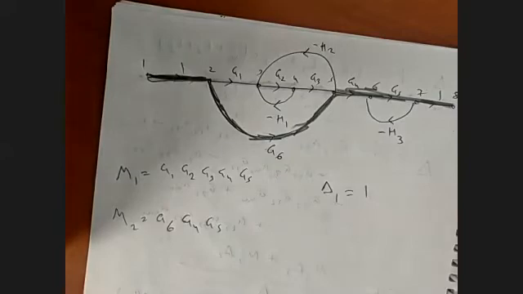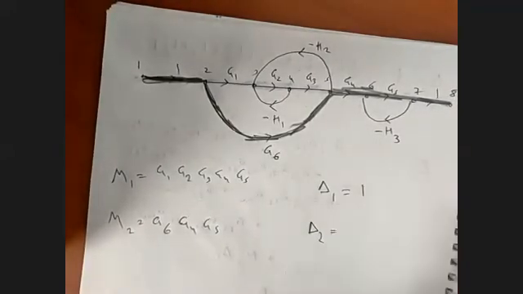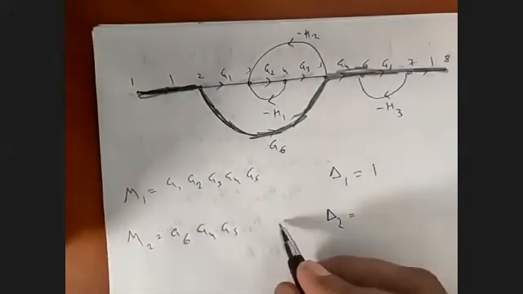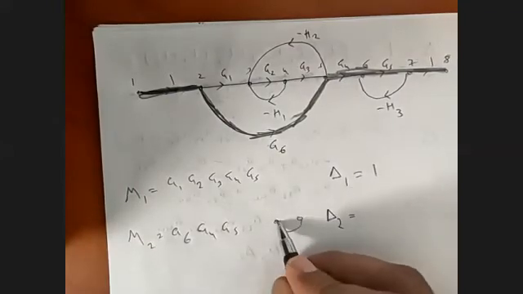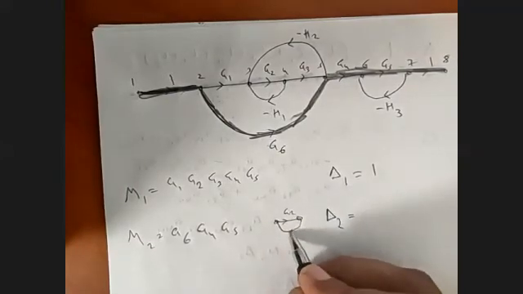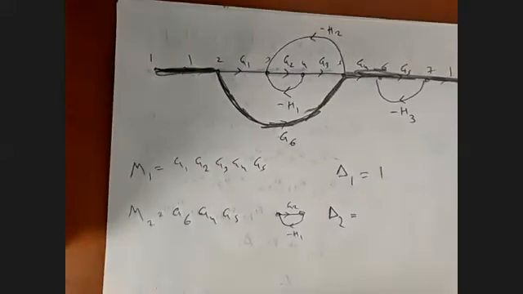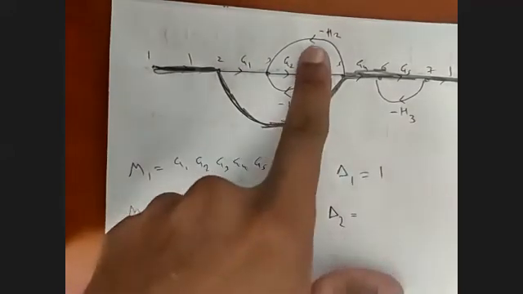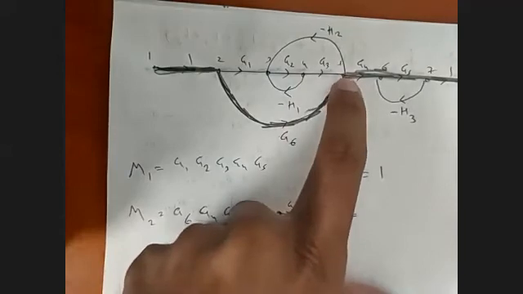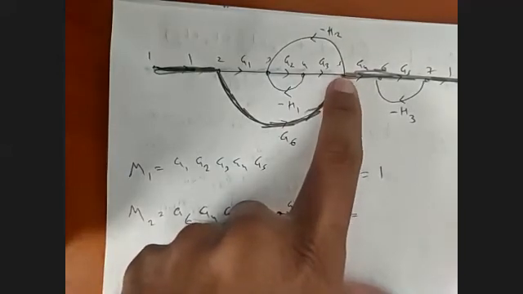Now it can be easily seen that there is a loop which is not counted in the forward path, G2, H1. So there will be delta 2, and that delta 2 is this graph, G2 and minus H1. This minus H2 will not be counted because its node is connected in this.